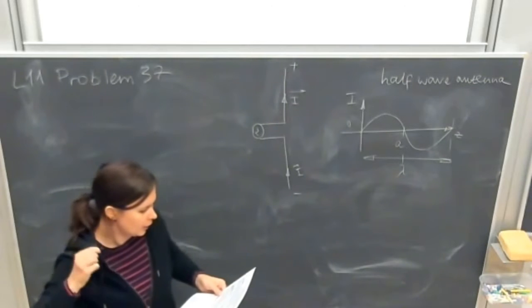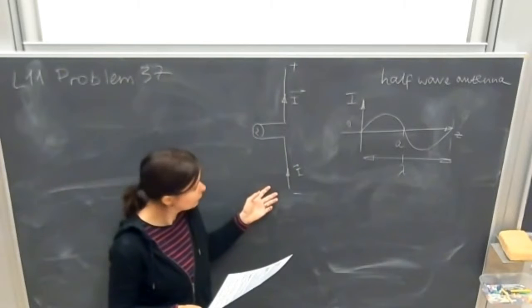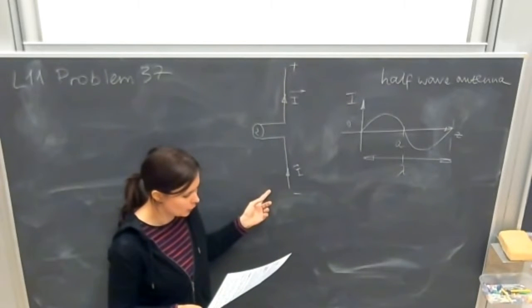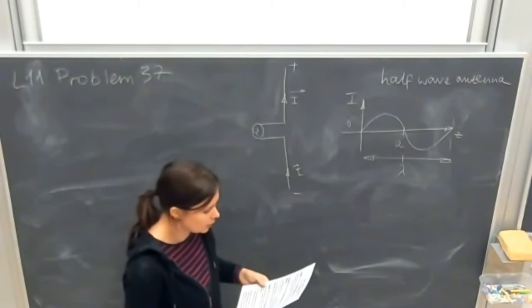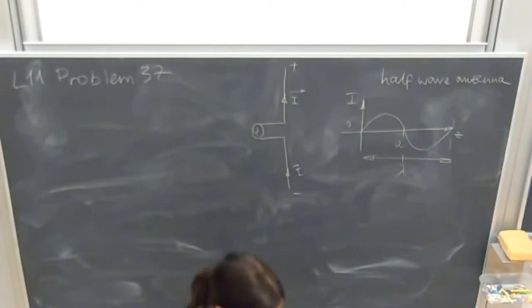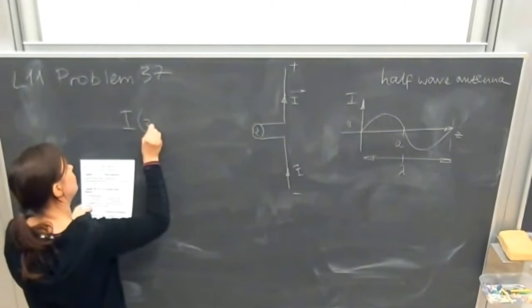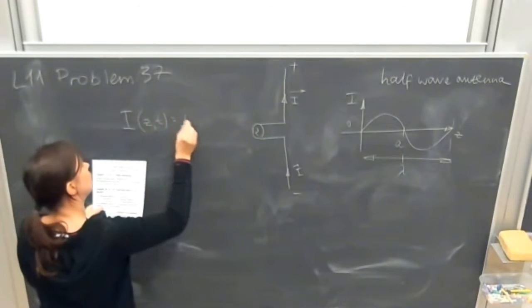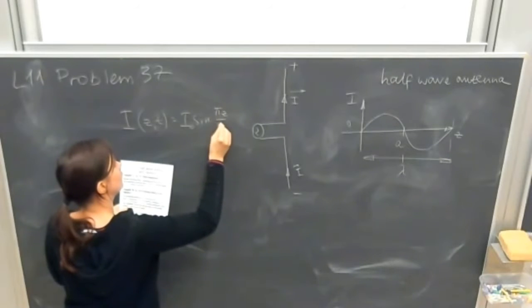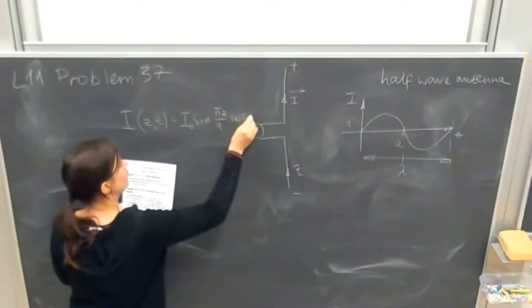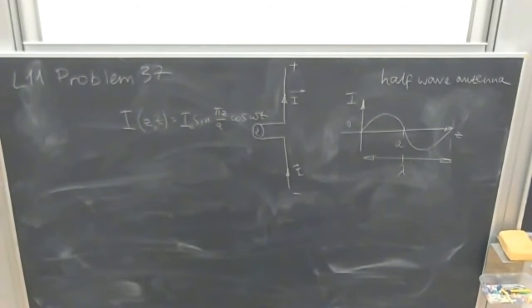In this problem is given a half-wave antenna which goes from 0 till a, and there is a current written like this.